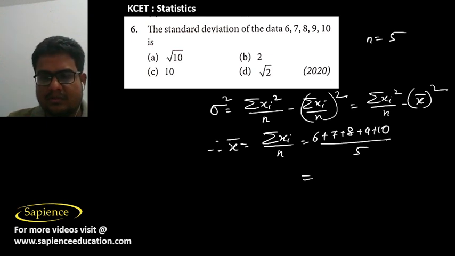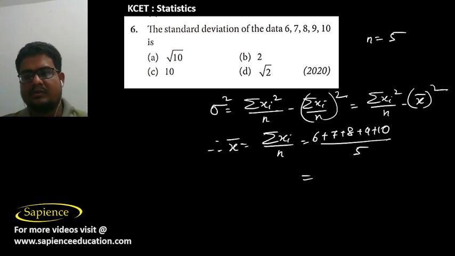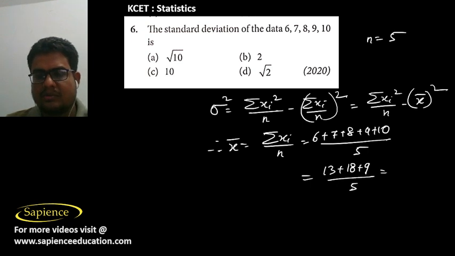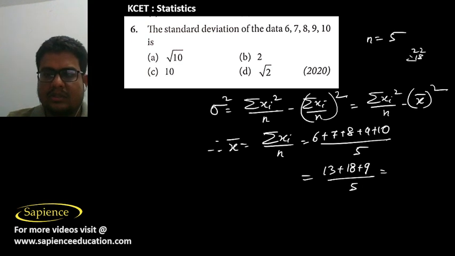So that is equal to 6 plus 7, 13, plus 18 plus 9, divided by 5, which will be 9 plus 13, that is 22, plus 18, that is 40, by 5, that is equal to 8.